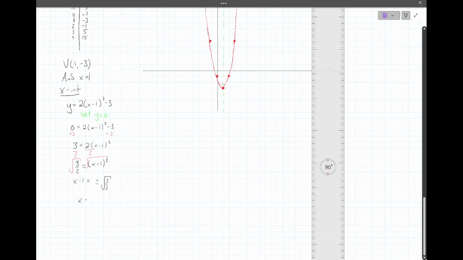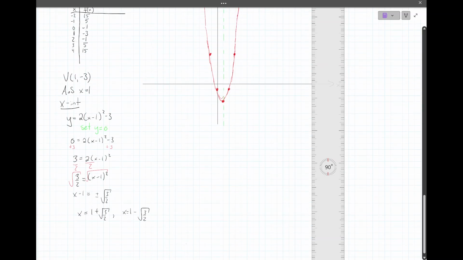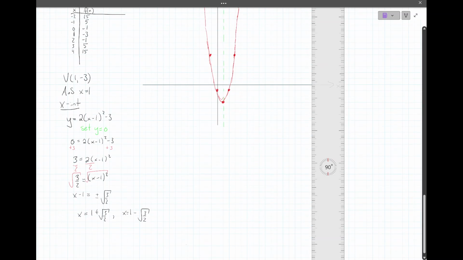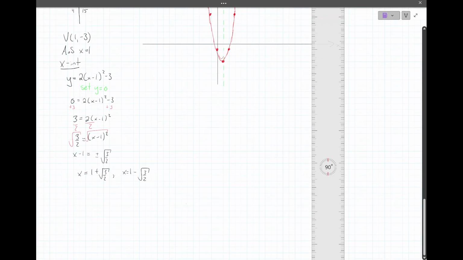And this will be x equals 1 plus root of 3 over 2. And the other one will be equal to 1 minus root of 3 over 2. So I get two x-intercepts that way over here too. So you could estimate it as well. It looks like it'd be 2.2 and minus 0.2.